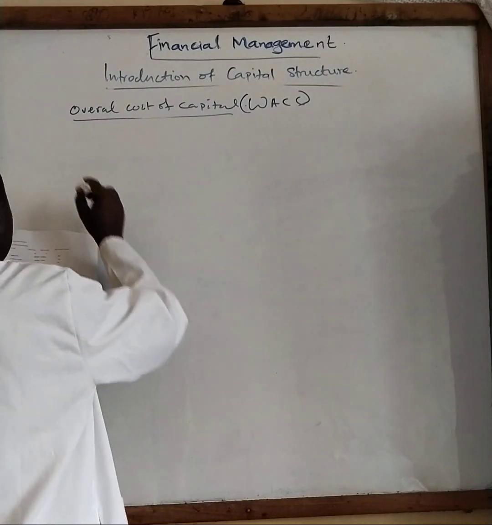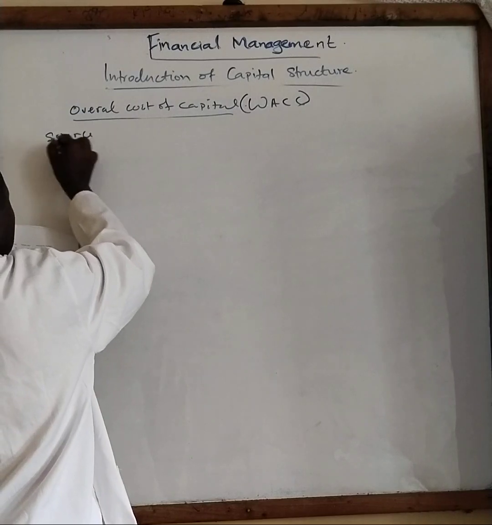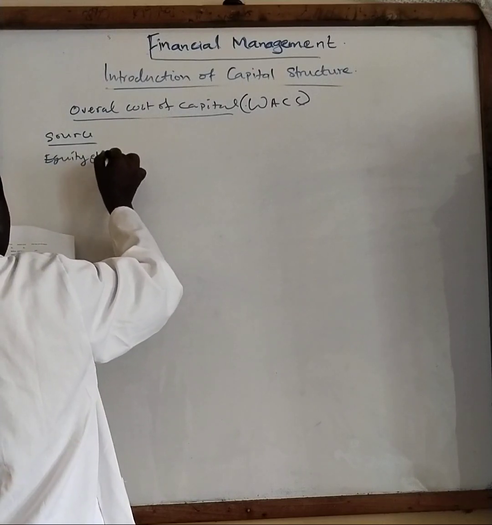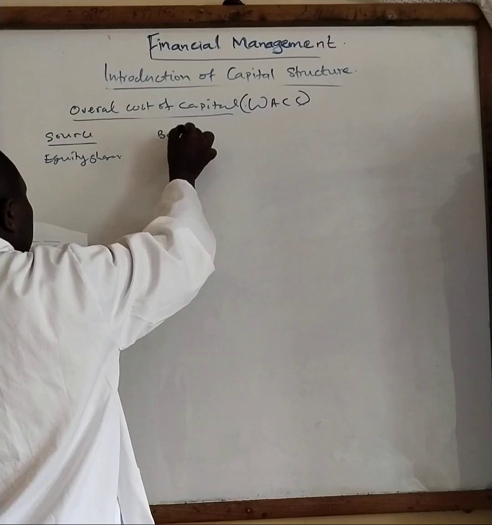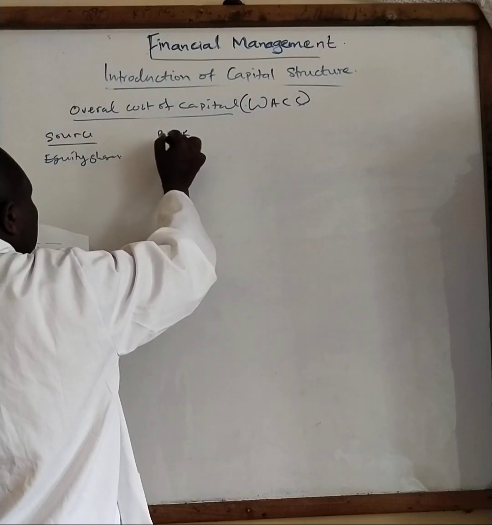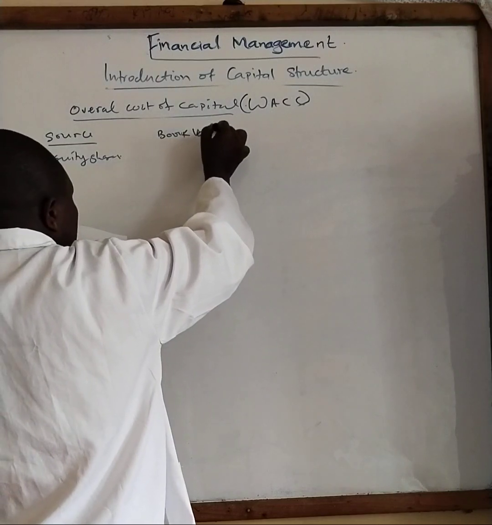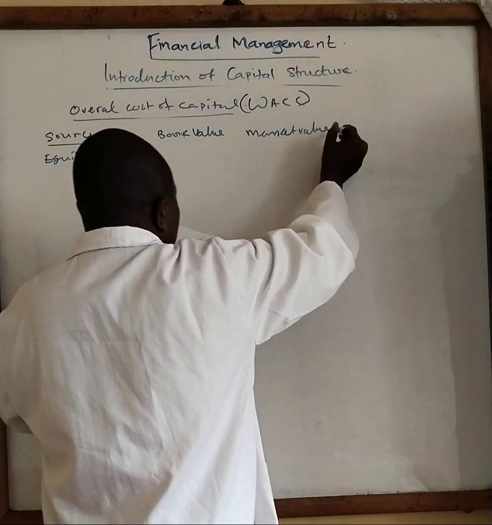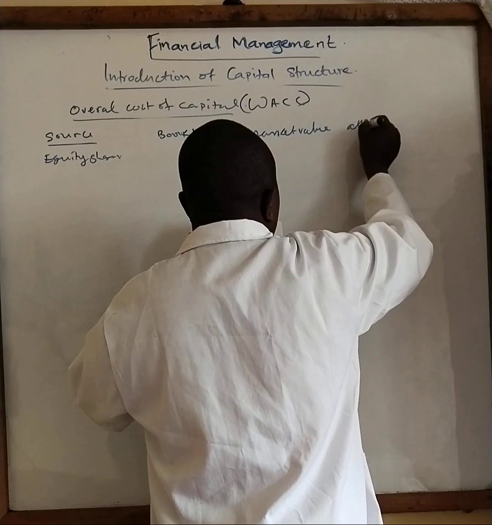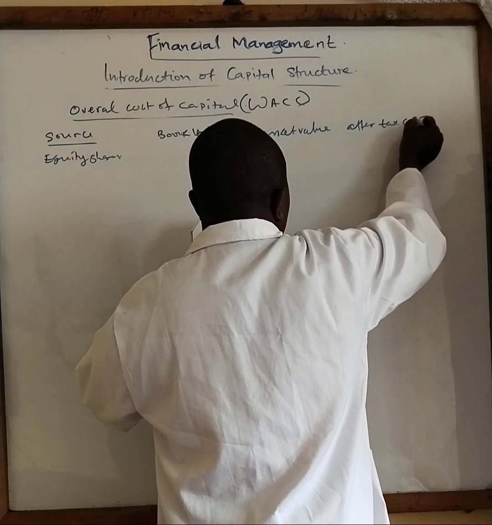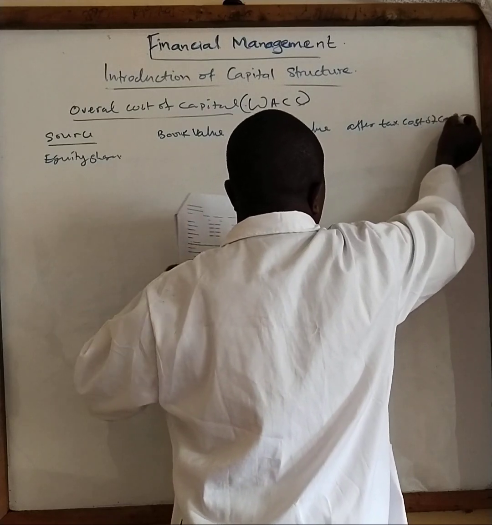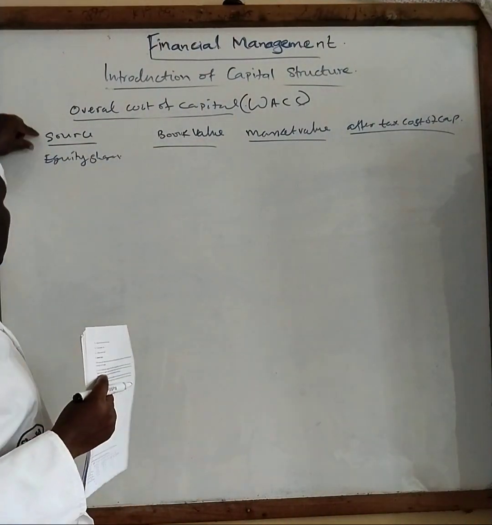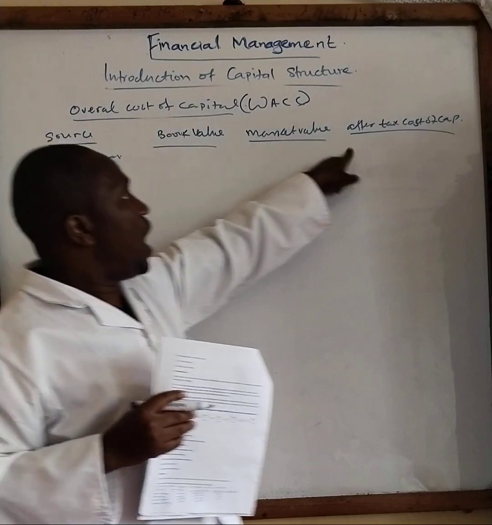So the information is given here. We have the source, book value, market value, and after tax cost of capital.